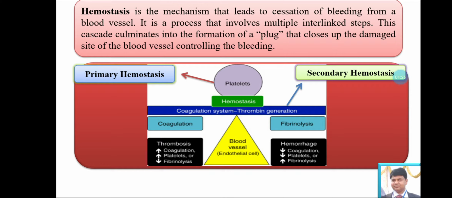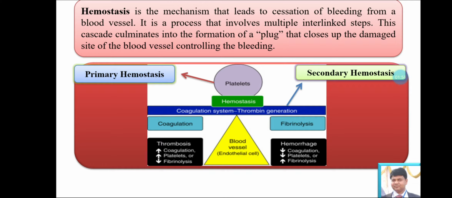This interaction results in activation of the platelets, and they undergo platelet adhesion, then the platelet release reaction, and after that platelet aggregation using different types of receptors. All together this leads to the formation of a temporary platelet plug, and this is called primary hemostasis.